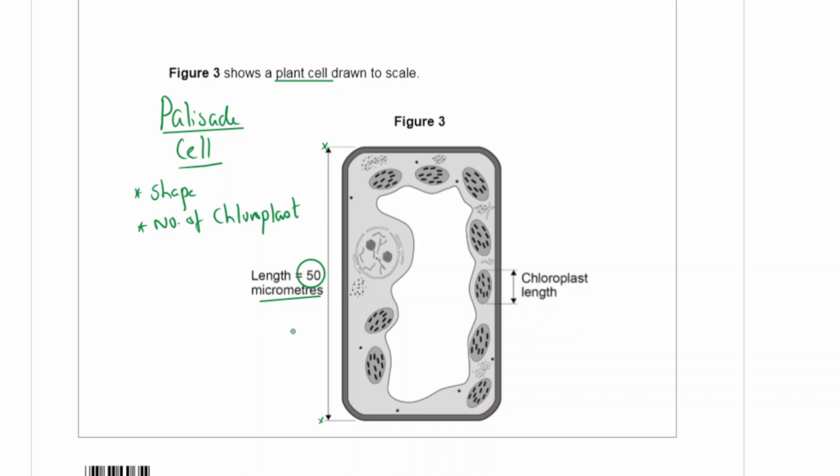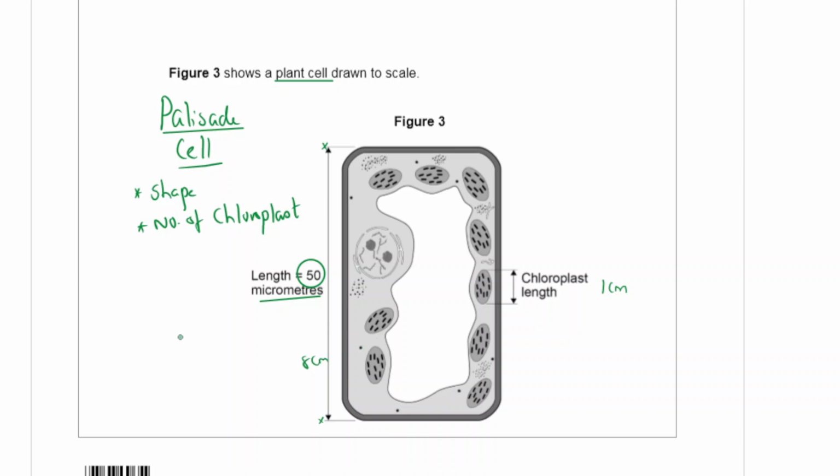Now, because I'm doing it digitally, it's a bit hard to explain. If I measure the length of this, it is about 1 centimeter, right? And if I measure the entire length of this, it is about 8 centimeters.